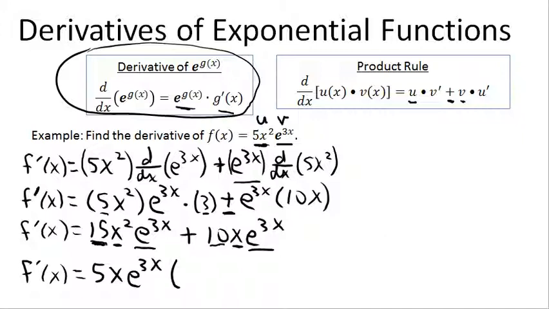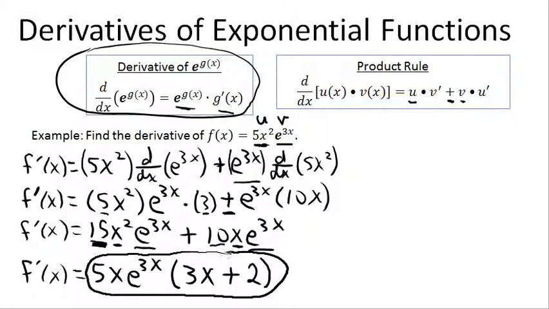Now that leaves us a 3 from the 15 because 5 times 3 is 15. We took an x from an x squared, leaving us with x, and the e to the 3x came out. Then the second term, we take a 5 from a 10, leaving 2, because 2 times 5 is 10. We took the x, and we took the 3x. So that's about as simple as you would ever want to write it. So we've taken the derivative of the original product where one of the factors is itself an exponential.